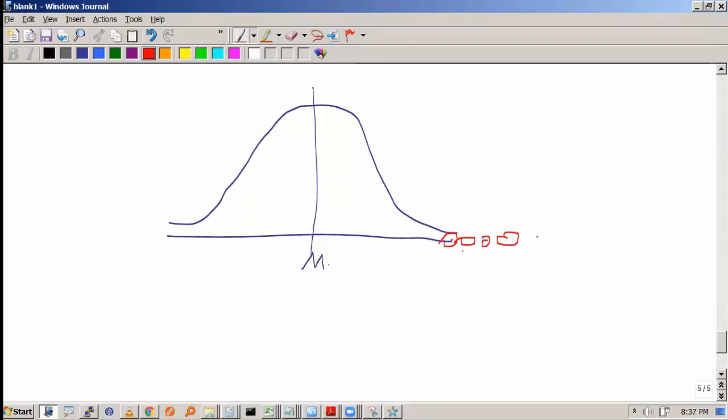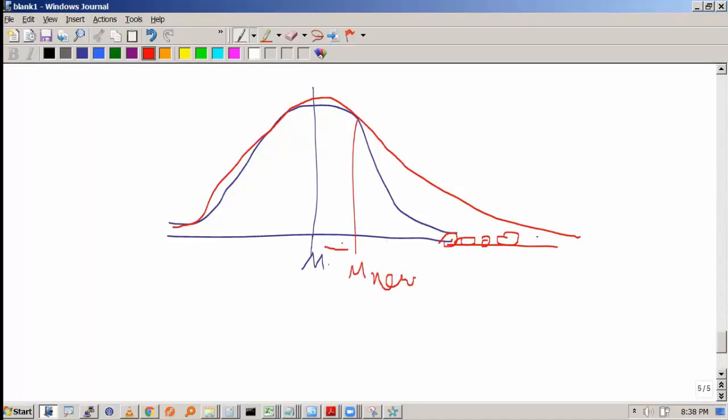Because of that very high salary, the average will shift. This is the new average. We say that this data set is skewed and has positive skew.